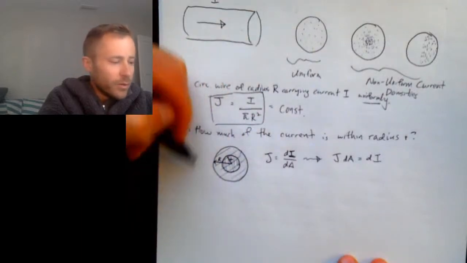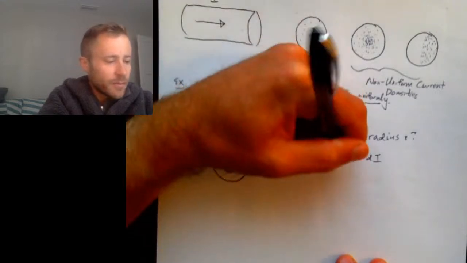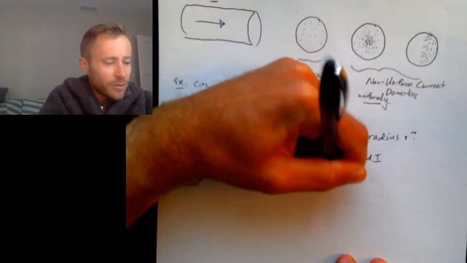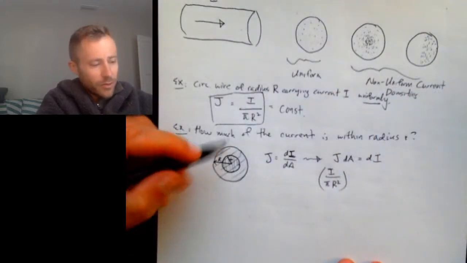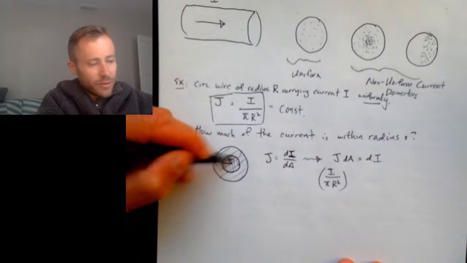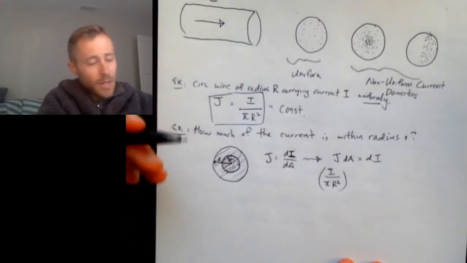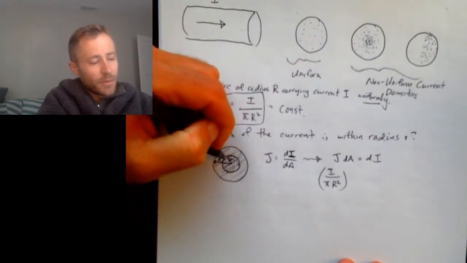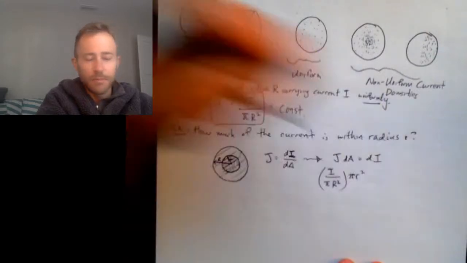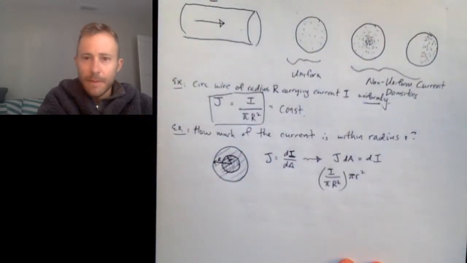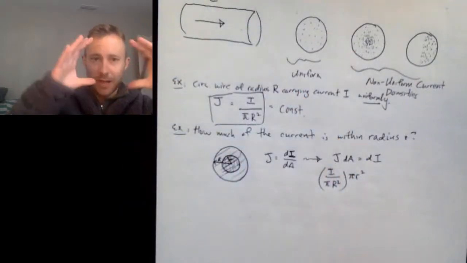We know that the current density is I over pi times big R squared. Then we have to ask ourselves how much area is in this inner region, and that should tell us the amount of current. That amount of area is pi times little r squared. So current density times the area is the amount of current that's passing through that area.